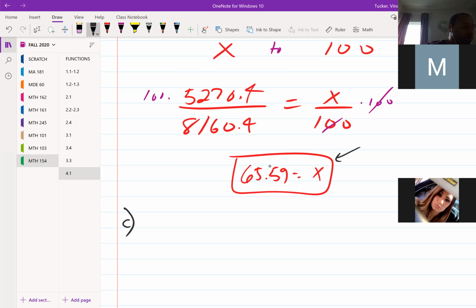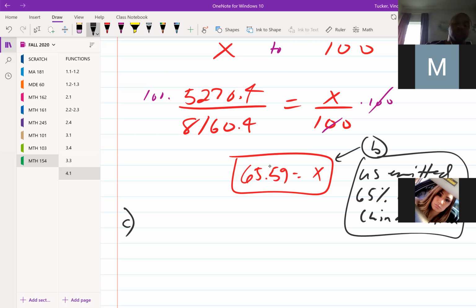And that's B. Okay. Yeah, that's what B is. And these represent carbon dioxide levels.